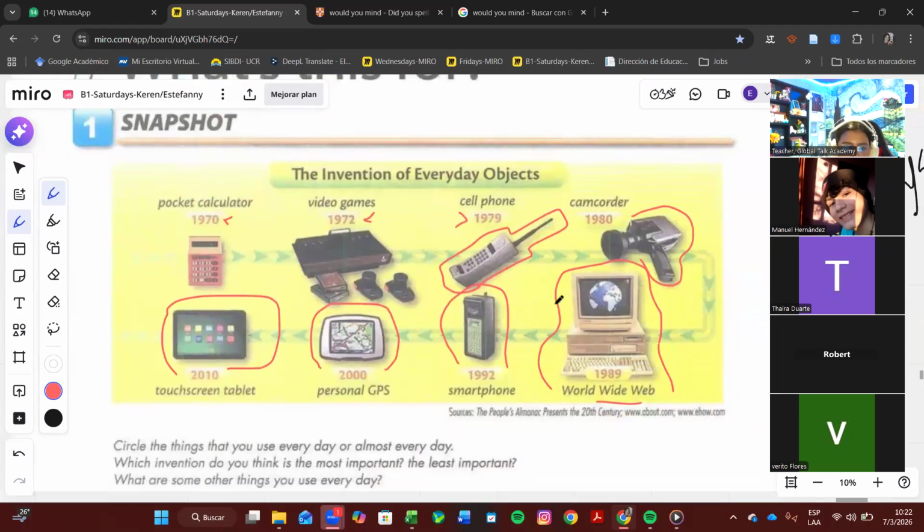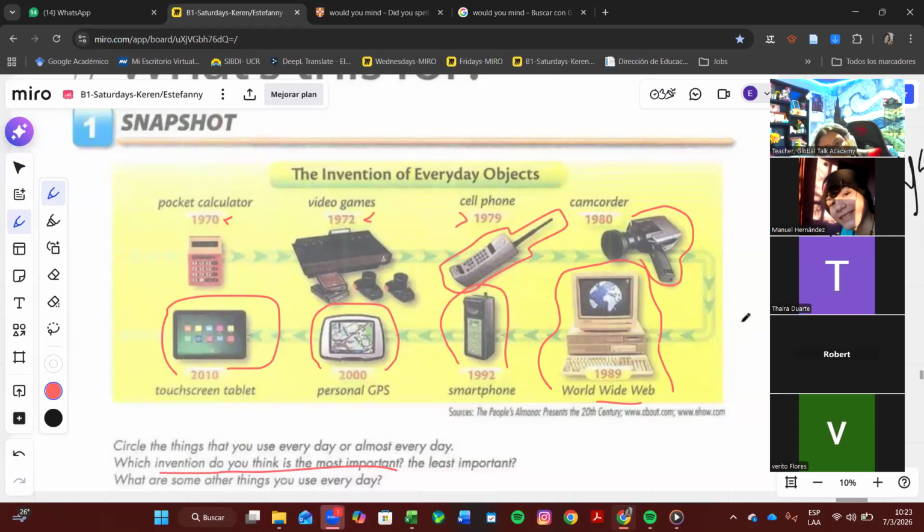So guys, let me ask you, which invention do you think is the most important from the ones we have here?